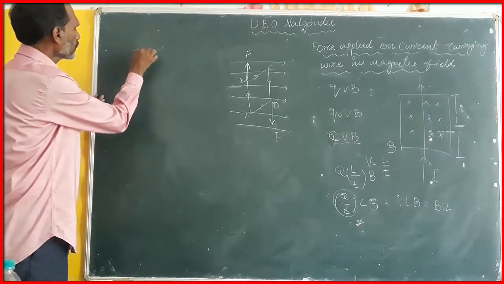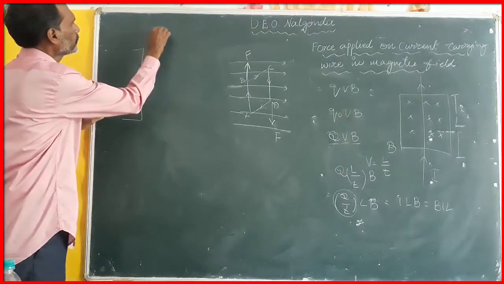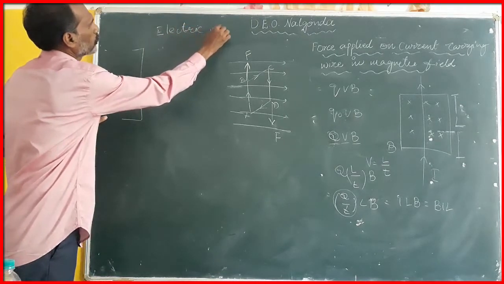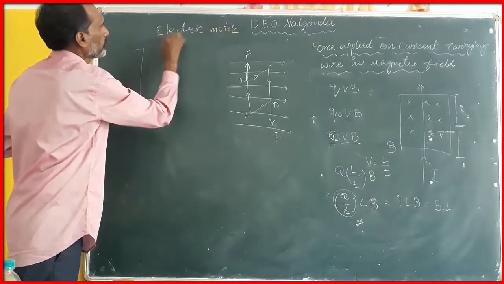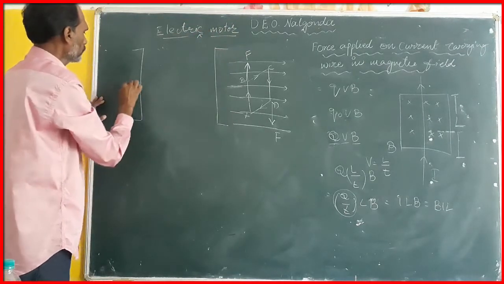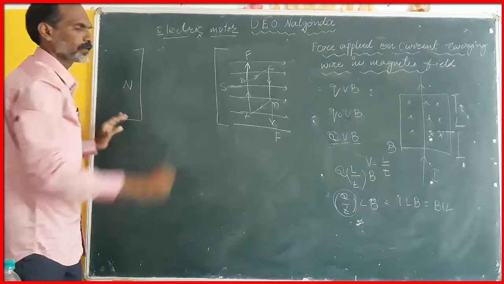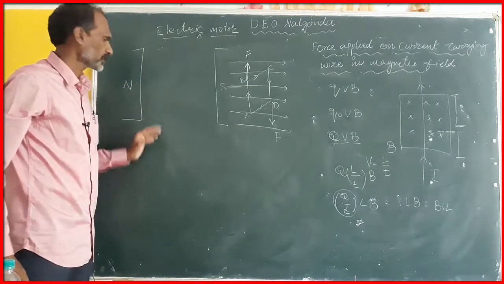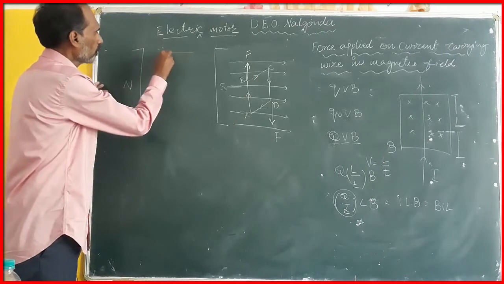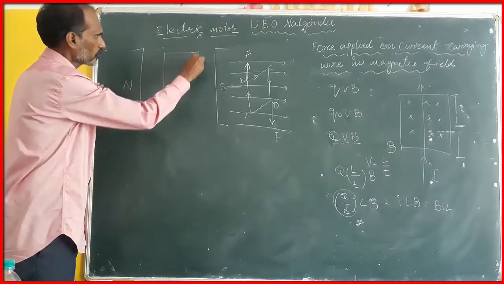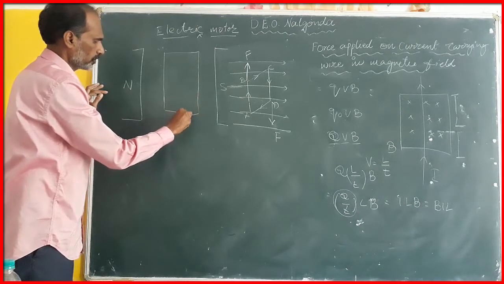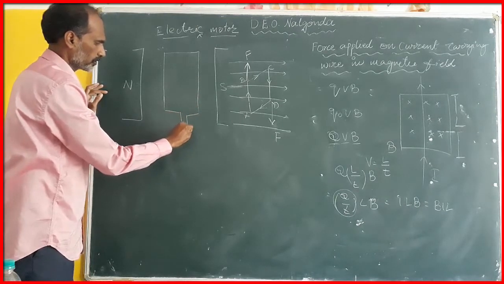To understand the working of the electric motor, let us imagine a uniform magnetic field which has a north pole and a south pole. One coil is placed inside the magnetic field.